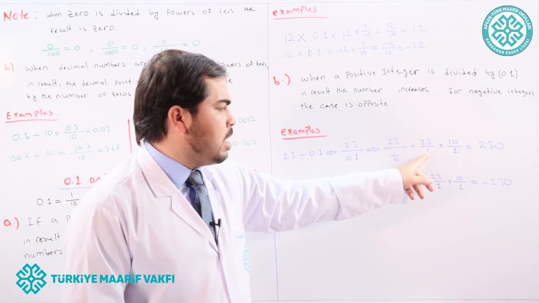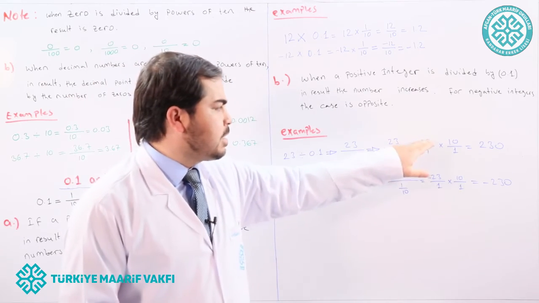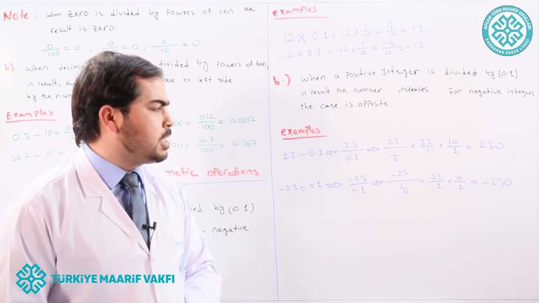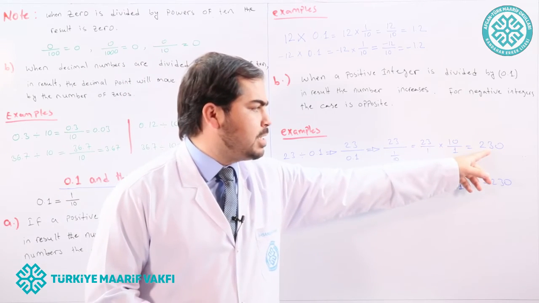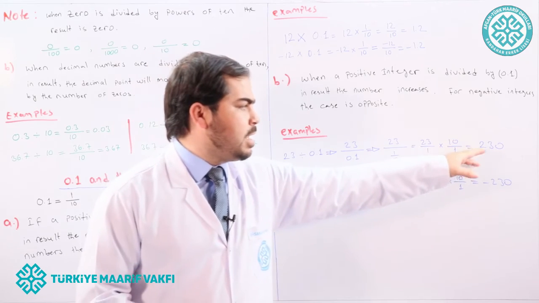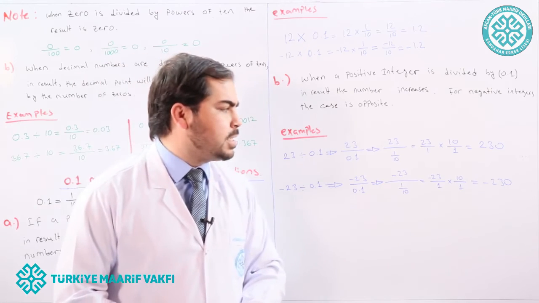We have 23 over 1 times 10 over 1. In this case, we are just multiplying numerator to numerator and denominator to denominator. 23 times 10 will become 230. 1 times 1 will become 1. If you divide, it will be the same 230.